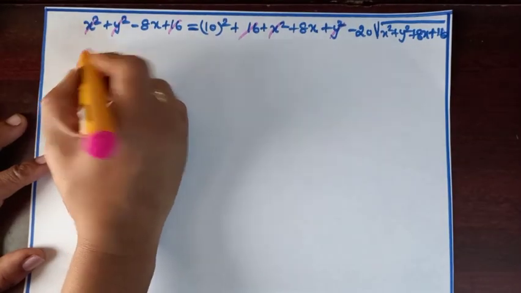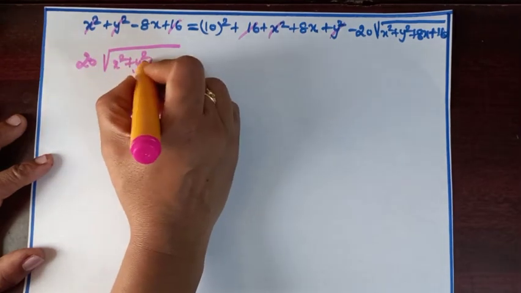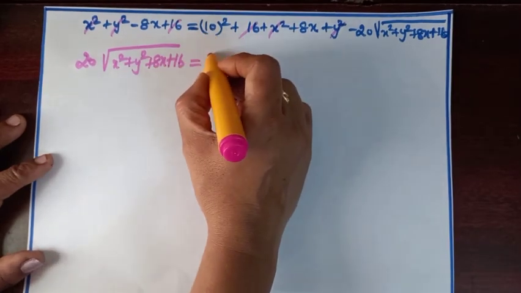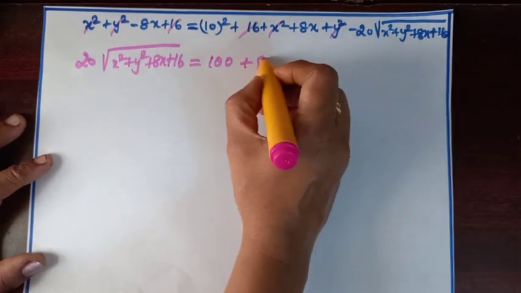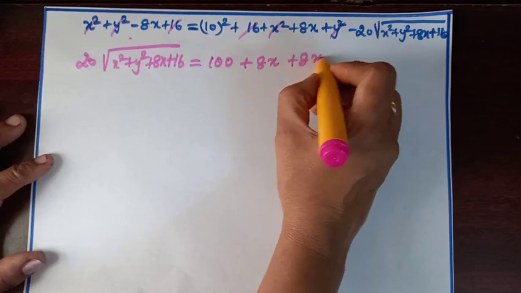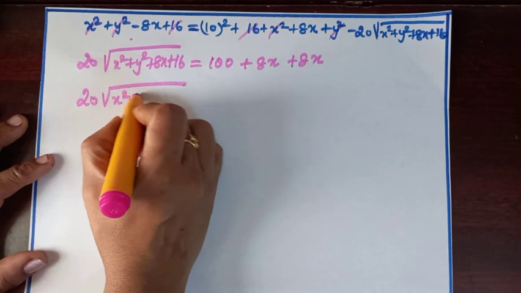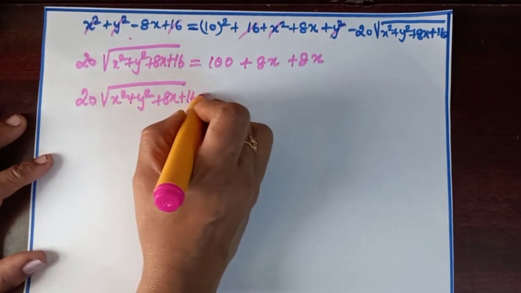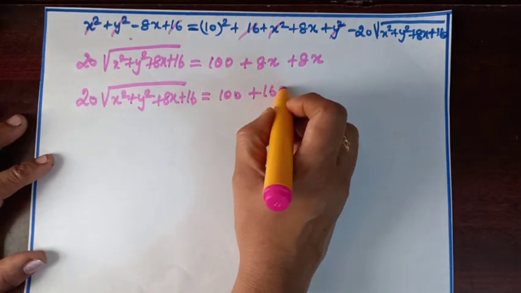It will become plus 20 root of x square plus y square plus 8x plus 16 equal to 10 square is 100, plus 8x, and minus 8x when bringing to the right hand side will become plus 8x. Then we have 20 root of x square plus y square plus 8x plus 16 equal to 100 plus 16x.